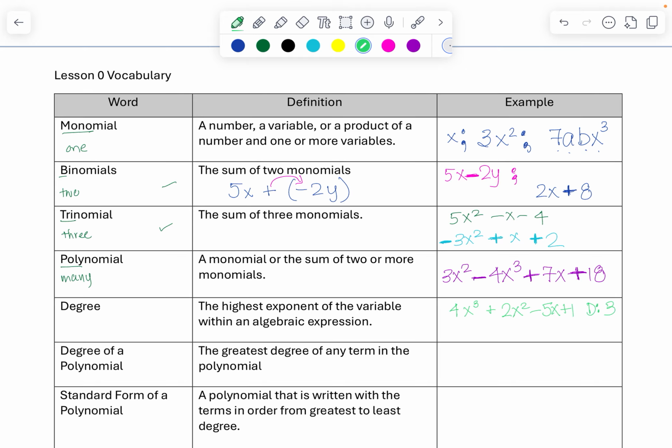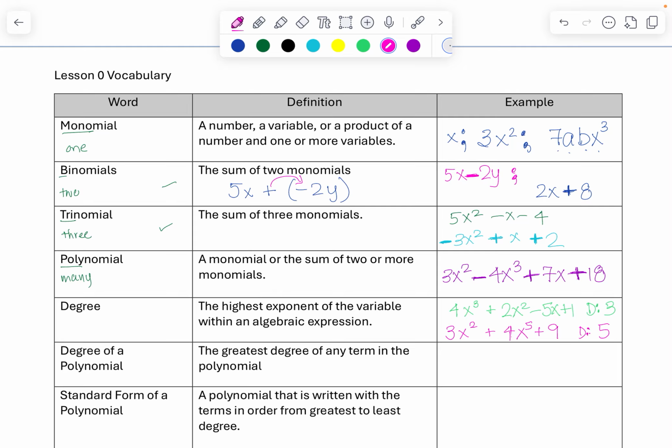That's the highest exponent. Now, another example would be, suppose we have 3x squared plus 4x to the 5th power plus 9. My degree here would be 5 because that's the highest exponent, right?